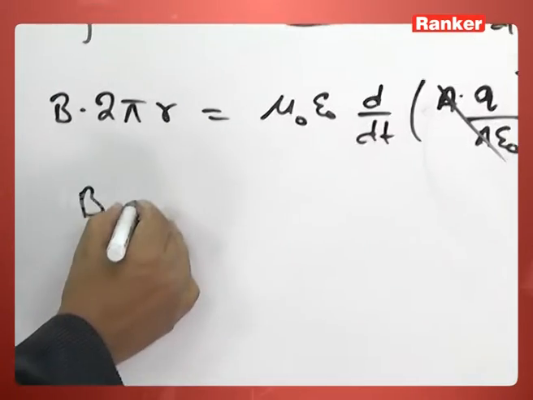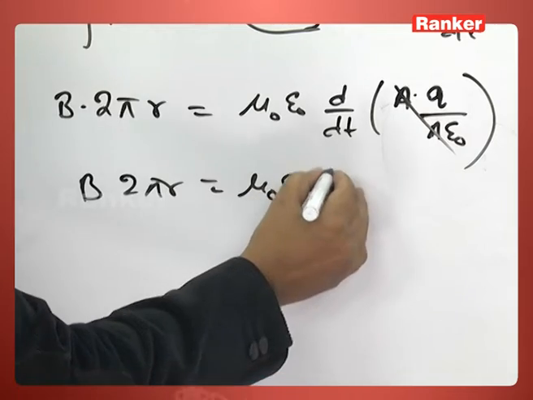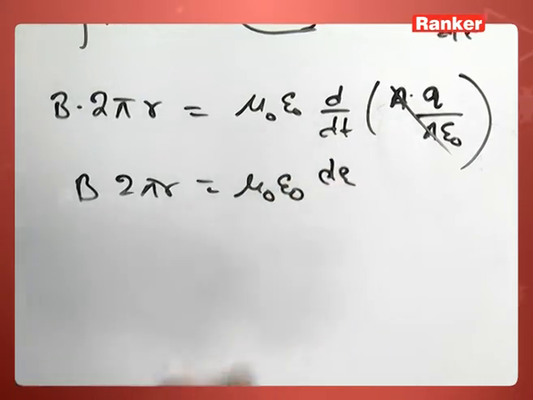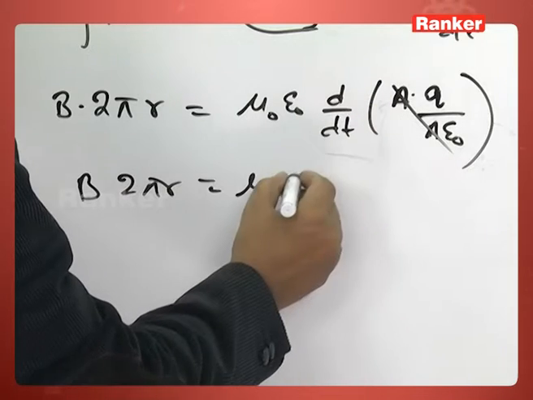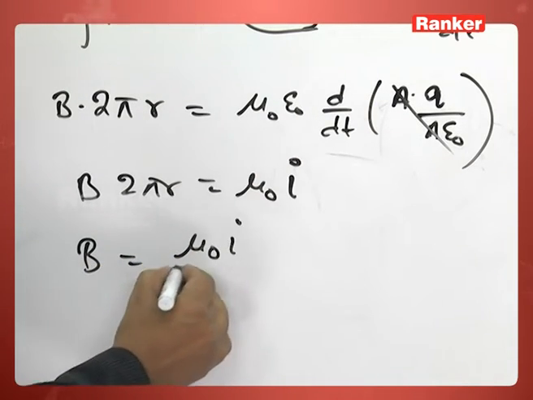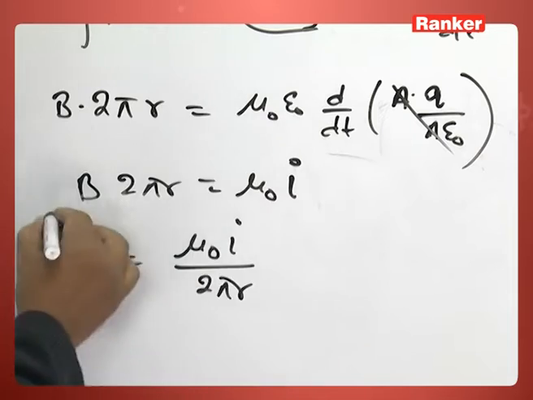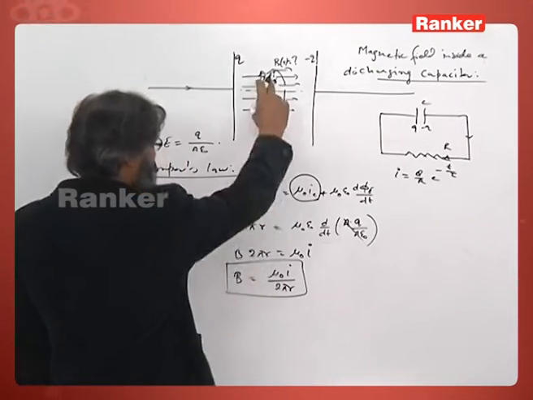So this becomes 2 pi r B equals mu naught epsilon naught times dQ by dt, and epsilon naught also cancels from here. So dQ by dt is the current. So we have B is equal to mu naught I by 2 pi r. This is the magnetic field within this region.